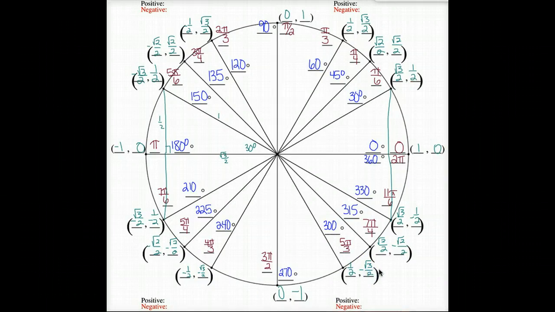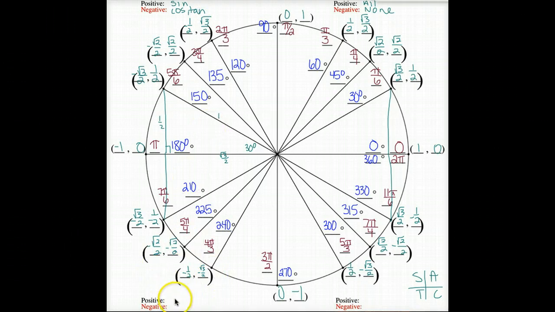Now, the positive, negative signs here, the ones that we've discussed so far, this goes with our, and I'll just write it down here, our ASTC. So right now, we know that they are all positive in quadrant 1. None of them are negative. In quadrant 2, we know that the sine is positive, which means that the cosine and the tangent are both negative.